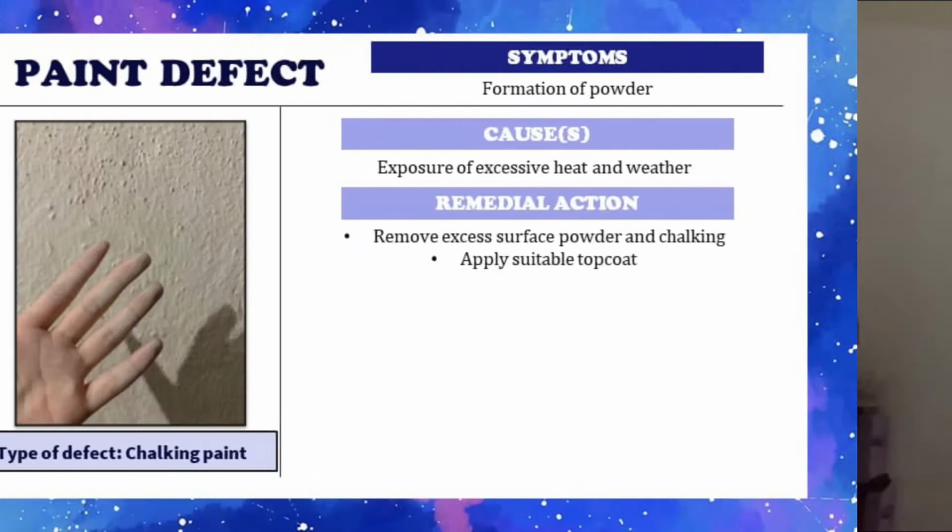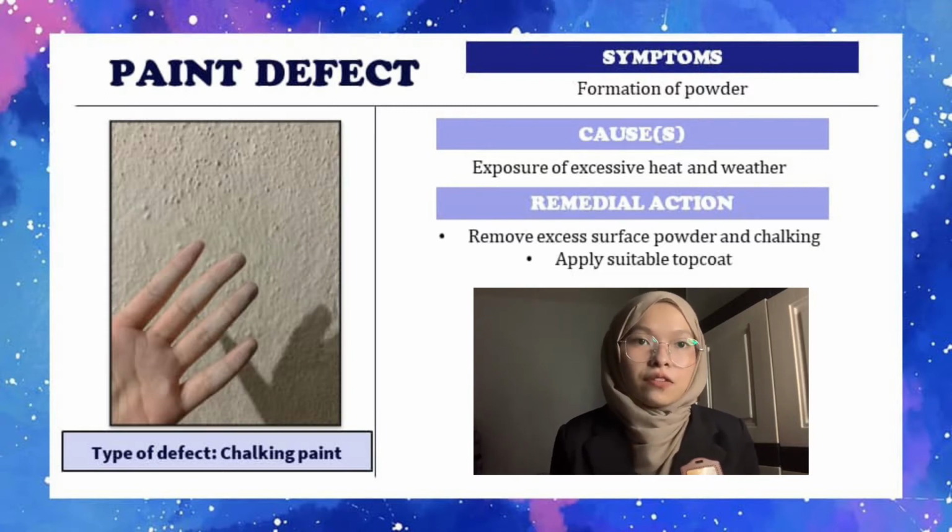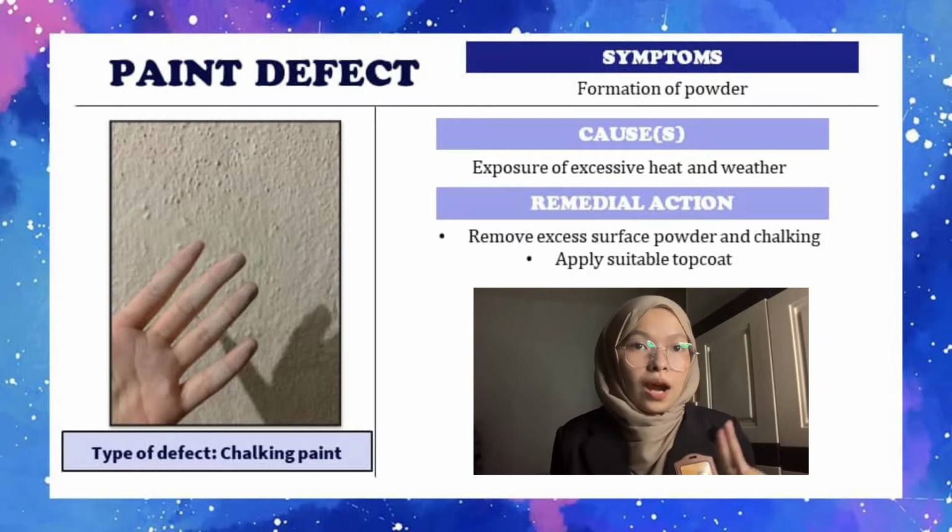And I will continue the presentation with the next part of the defects, which have been identified at the subject property. The first one is a paint defect, and the type of defect is chalking paint. The symptom that can be seen for this defect is a formation of powder when rubbing the painted wall, located at the ground floor of block 3.